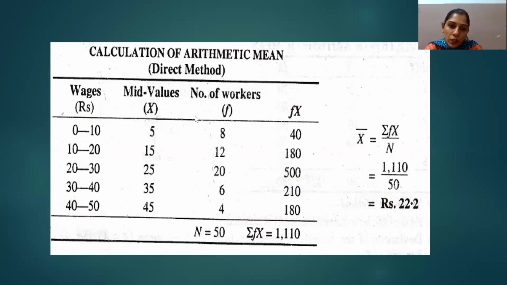So the total of f is 50. 8 plus 12 plus 20 plus 6 plus 4 is 50. So we have put all the values in this formula. 1110 divided by 50, the mean value is rupees 22.2. So the average mean of this question under the continuous series for the direct method is 22.2.